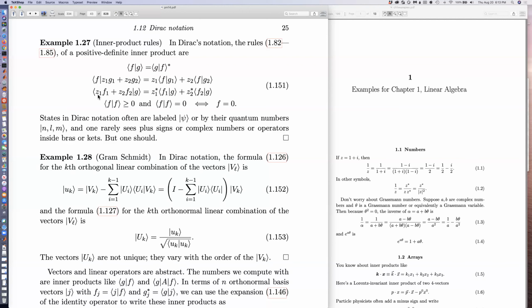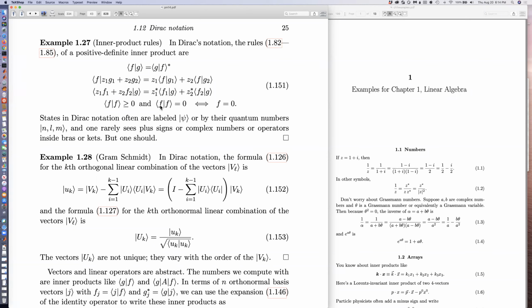And so z1 comes out as z1 star, z2 comes out as z2 star, and then we have F1 G, F2 G. And then the positivity of the inner product is this, and because it's a positive definite inner product, if the inner product of a vector with itself is 0, then the vector has to be 0.